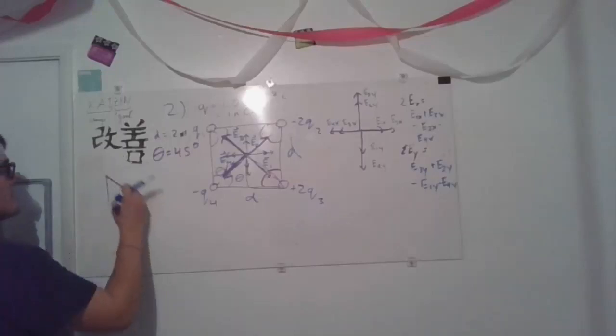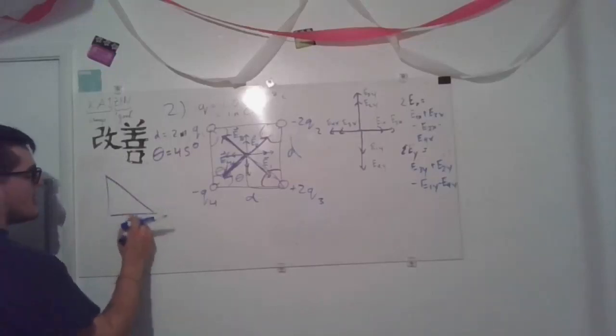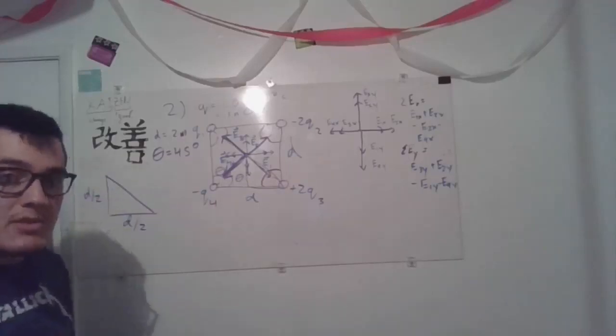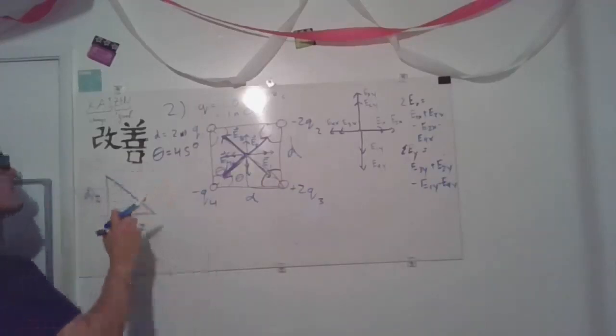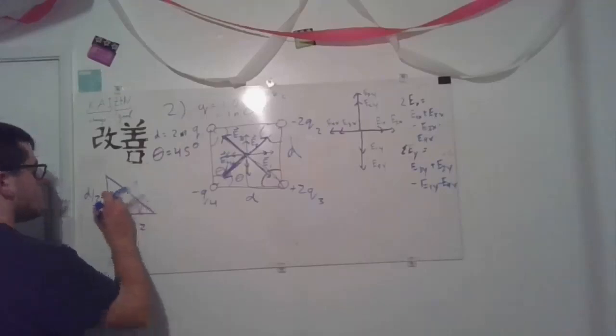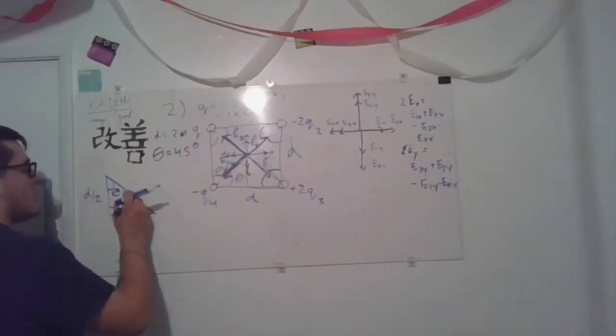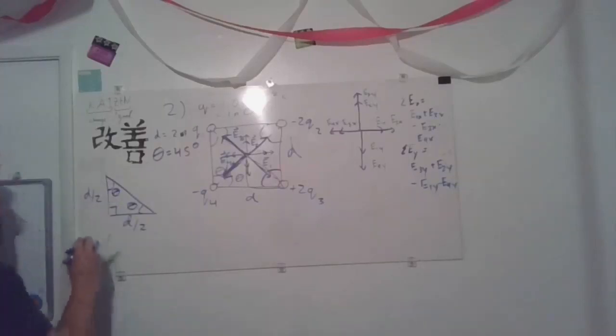Now you have what? D by 2, D by 2. And I can assume D by 2 because it's a square. That's the only reason why. This is theta. This is also theta. And then what is that going to be?